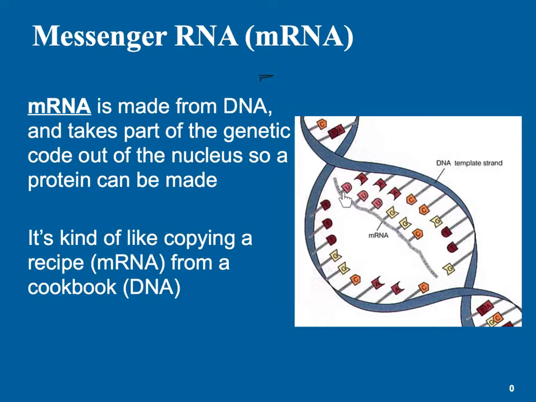So again, RNA doesn't have T, so it read A, so now it needs to bring over a uracil to bind to the adenine. It read A again, so it brought over another U, A again, so it brought over another U. This time it read C, so it brings over G. And once this strand of messenger RNA is made, it's going to leave the nucleus of the cell and travel to the ribosome, where it is going to be read and made into a protein.